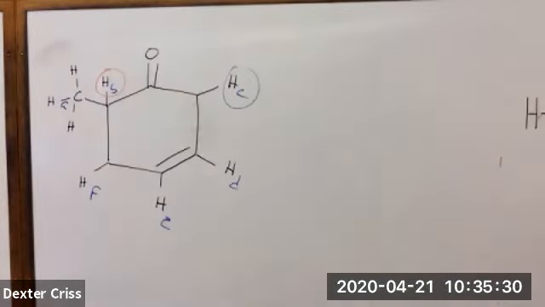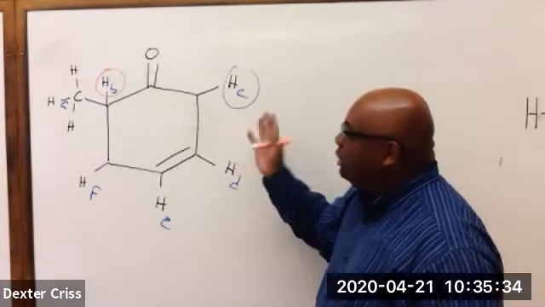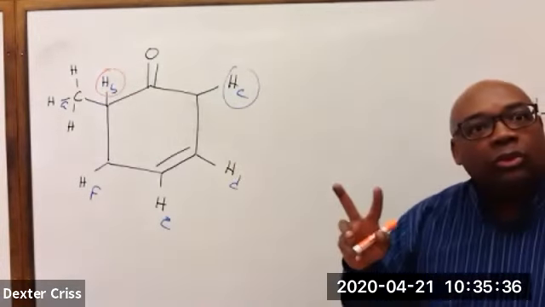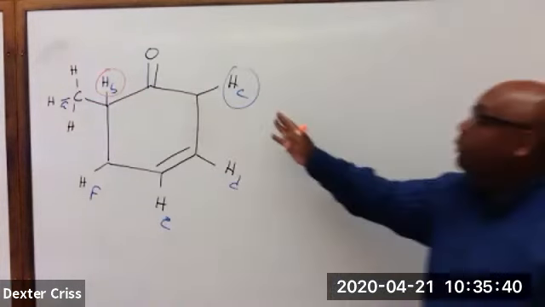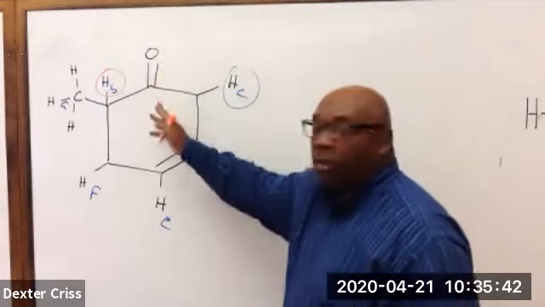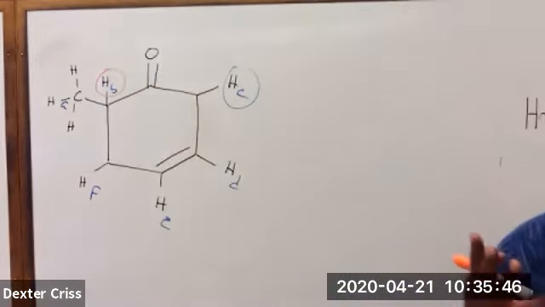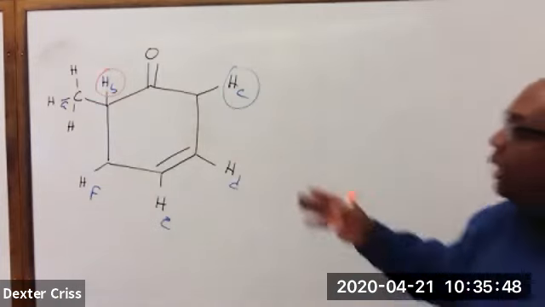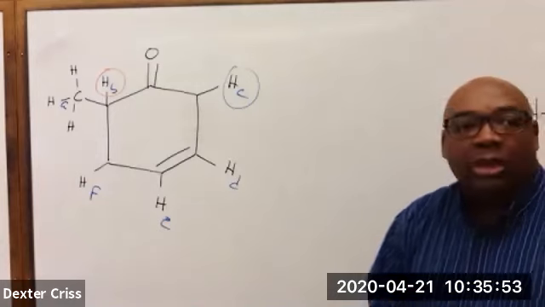For the sake of speaking, I agree. Either C or B would be the two in question for the two reasons we talked about. Electronic effects, they're both in the alpha position to the carbonyl, and resonance can occur with both of them, right? But with that, which one would be most acidic? And that's the rigorous part I was talking about.